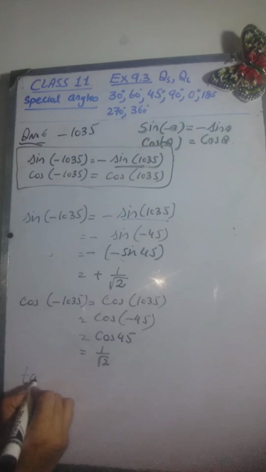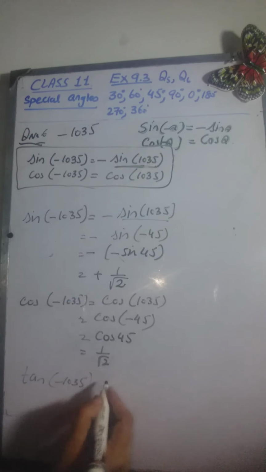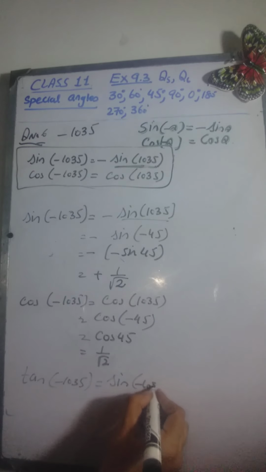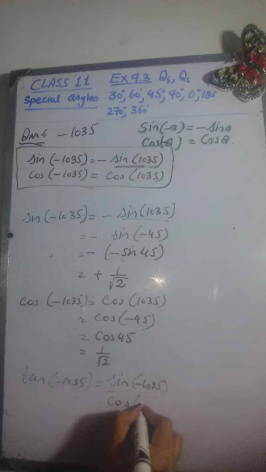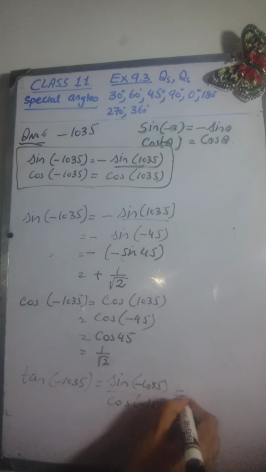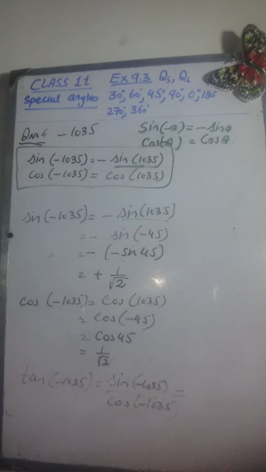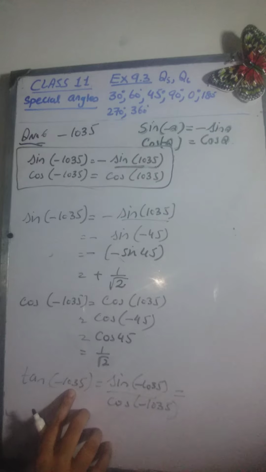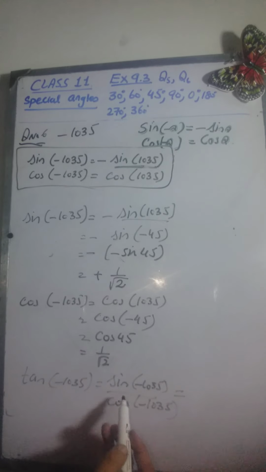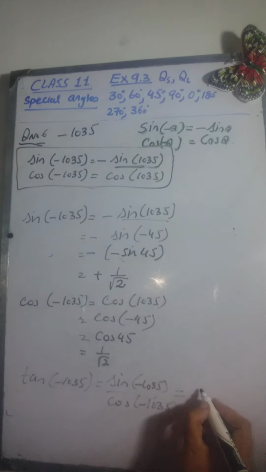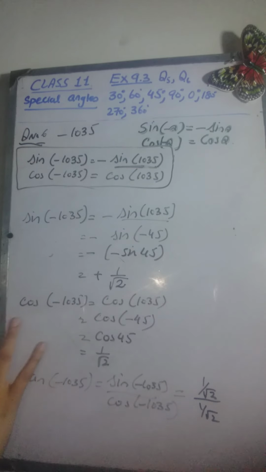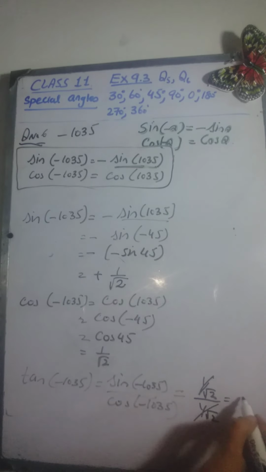Now tangent of negative 1035 can easily be found. It will be equal to sine of negative 1035 over cos of negative 1035, which is 1 over under root 2 over 1 over under root 2, because we know the sines and cosines of this angle, so we can find all the other ratios with the help of these two.